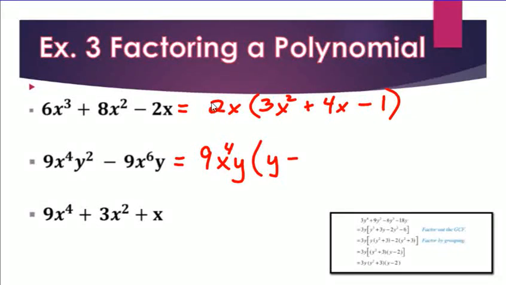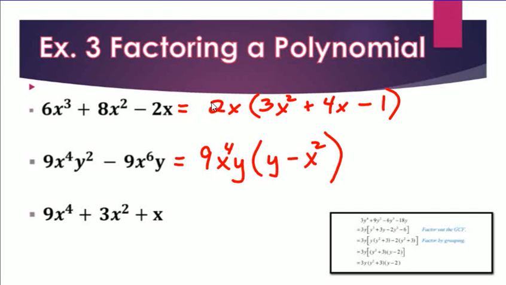Minus 9 divided by 9 is 1. X to the 6th divided by x to the 4th would be x squared. And then y divided by y is just 1. So I'm left with an answer of 9x to the fourth y times parentheses y minus x squared.